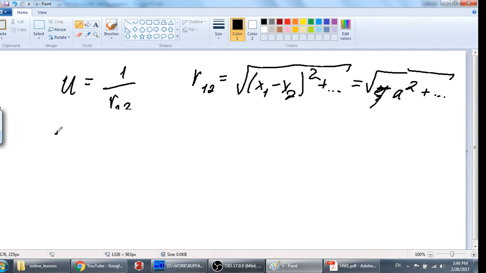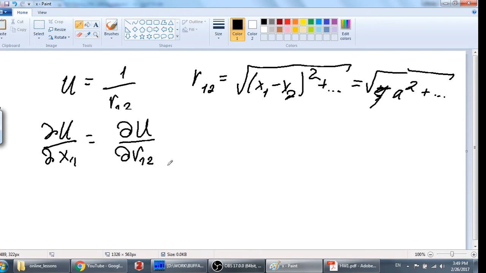So now du over dx1 will be du over dr12. Well, r12 is a number, a scalar, so that's just a normal derivative. Then we do dr12 over what?